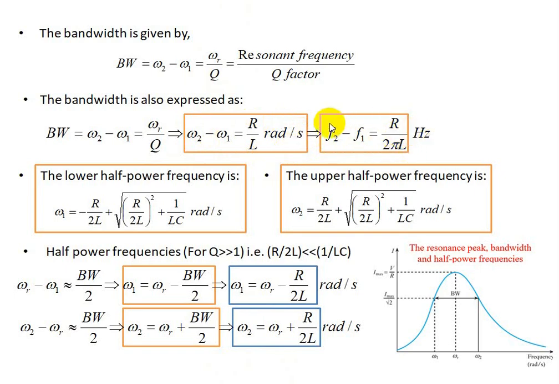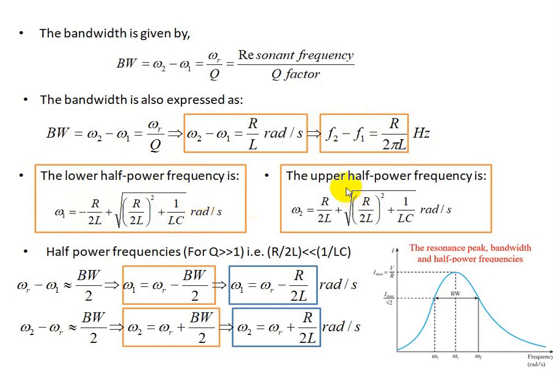Since this is a frequency, the unit is hertz. The lower half power frequency omega 1 is given by this equation: minus R by 2L plus under the root of R by 2L whole square plus 1 by LC, in radians per second.